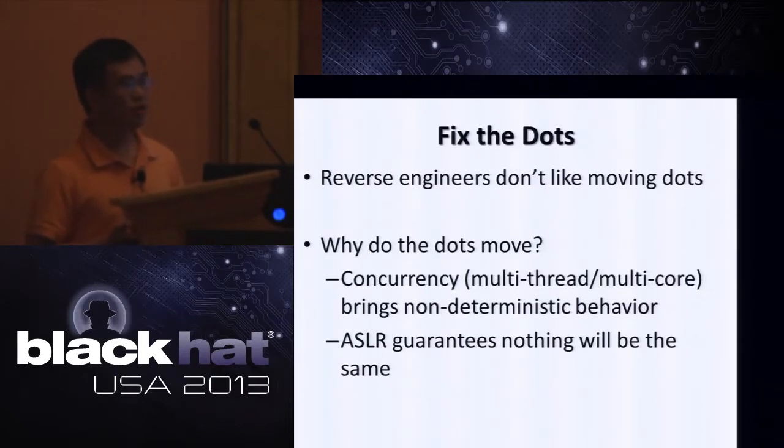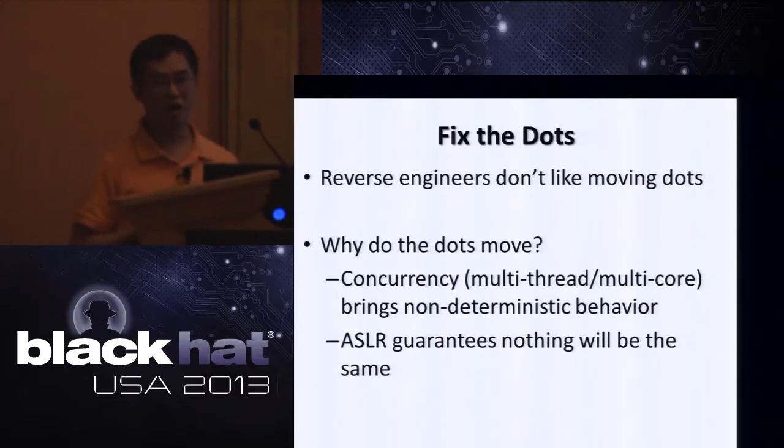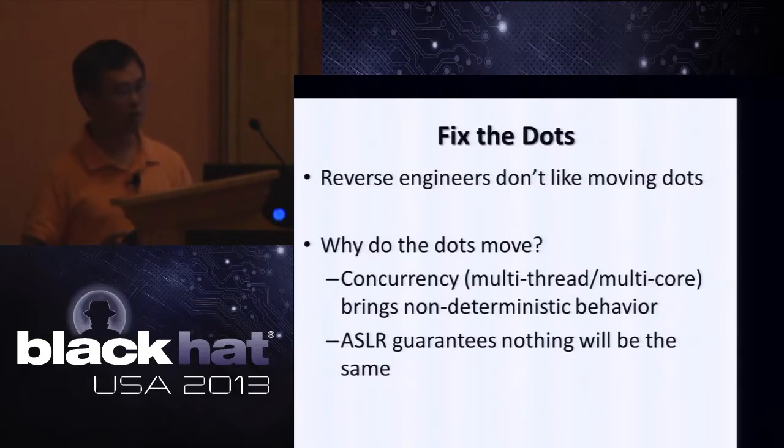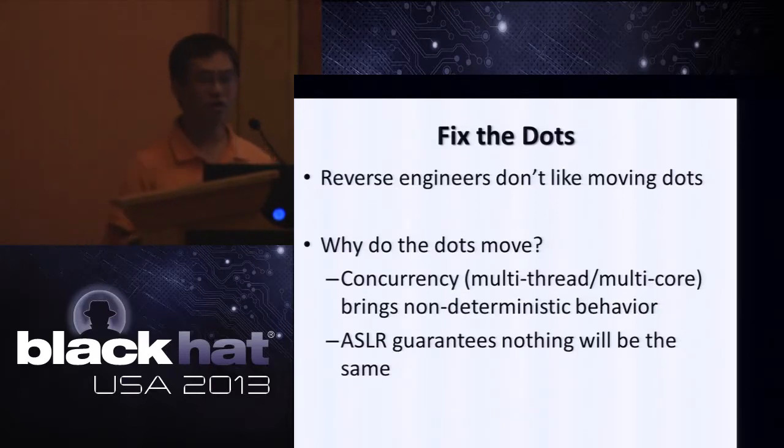One thing is multi-threading issues, as people all know. Concurrency issues bring non-deterministic behavior, and this is multiplied by real concurrency from multiple cores and multiple processors in the system. And more interestingly, security features that are designed to provide protection actually make this matter worse.